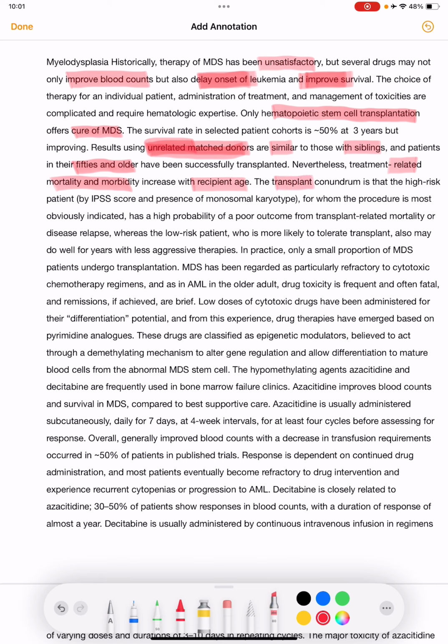The transplant conundrum is that high risk patients by IPSS score and presence of monosomal karyotype are those for whom the procedure is most obviously indicated.